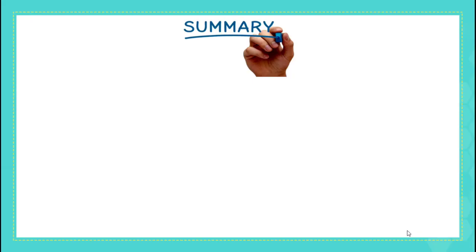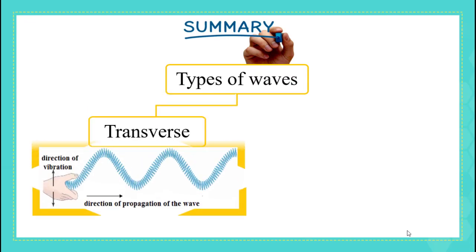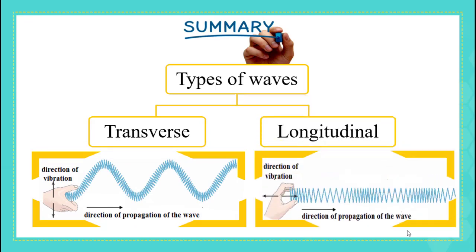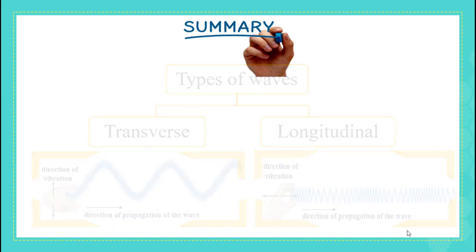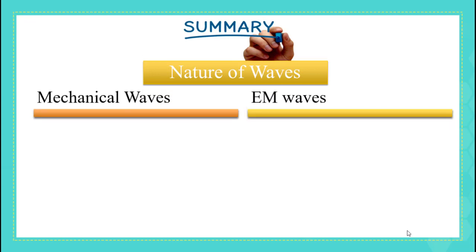To summarize the ideas of this video, waves are either transverse, where the direction of vibration is perpendicular to the direction of propagation of the wave, or longitudinal, where the direction of vibration is parallel to the direction of the wave's propagation. The two natures of waves are mechanical and electromagnetic waves.